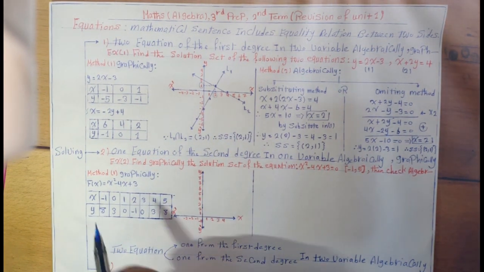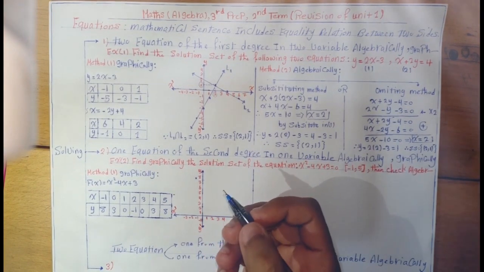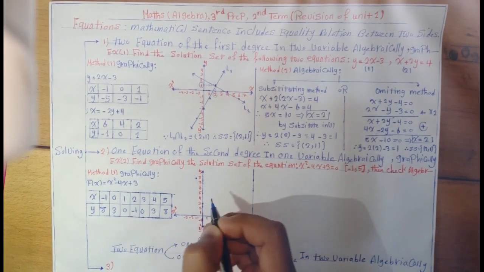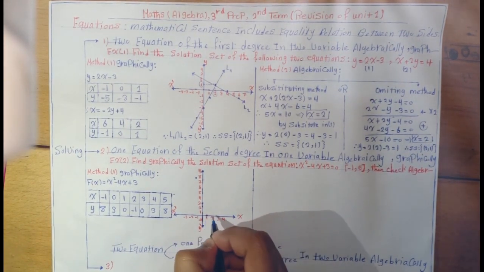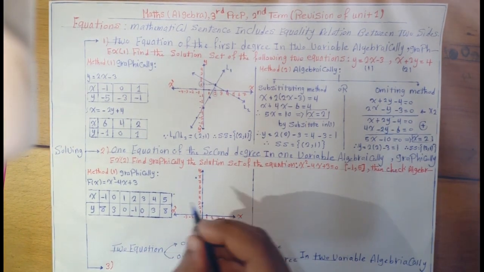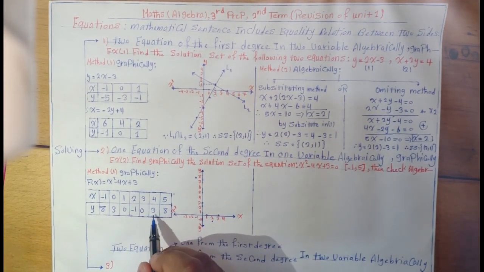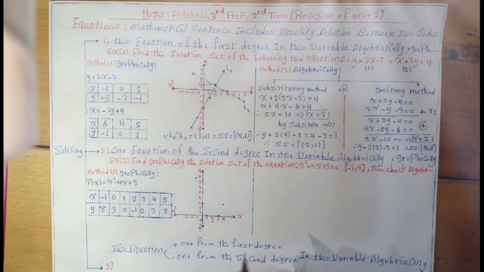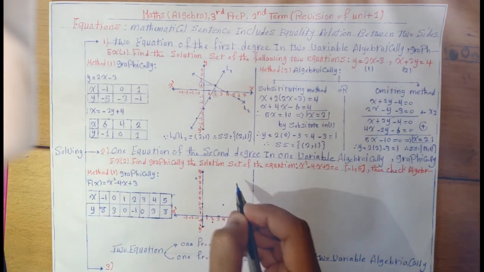Let's represent negative 1 and 8 here. 0 and 3 here. 1 and 0 here. 2 and negative 1 here. 3 and 0 here. 4 and 3. And 5 and 8 here.